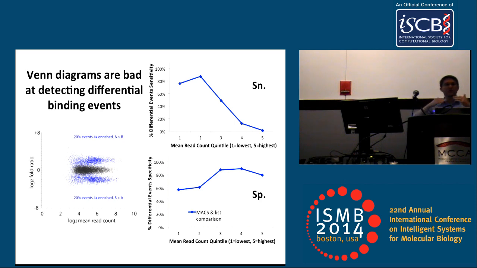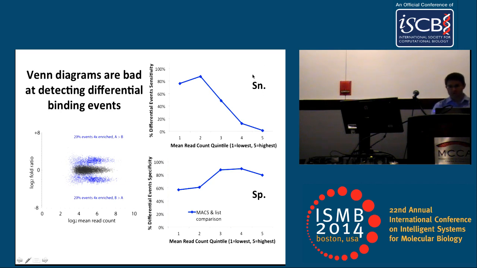Peaks that are similarly bound across two conditions, but maybe are weaker peaks, maybe one of them is just slightly above a threshold in one condition and slightly below a threshold in the other condition. For those peaks, you're going to get very weak specificity using a Venn diagram, and you'll get false positive differentially bound peaks.